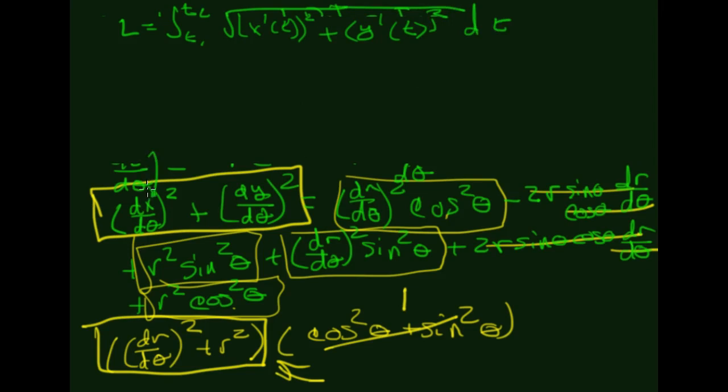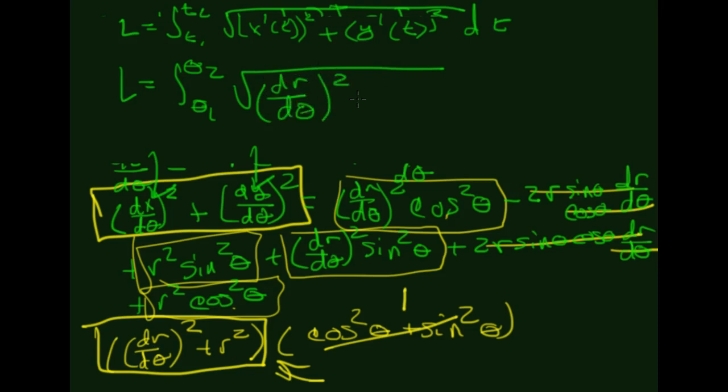At t1 to t2, we're just going to say that our values are theta 1 to theta 2. And this got reduced to this, dr over d theta squared.